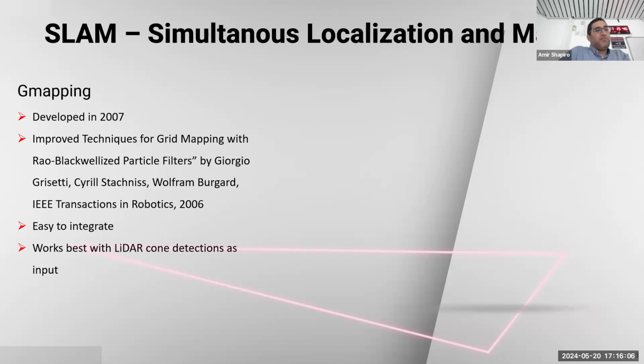The first package for SLAM for ROS was started in 2007. It is called G-mapping.